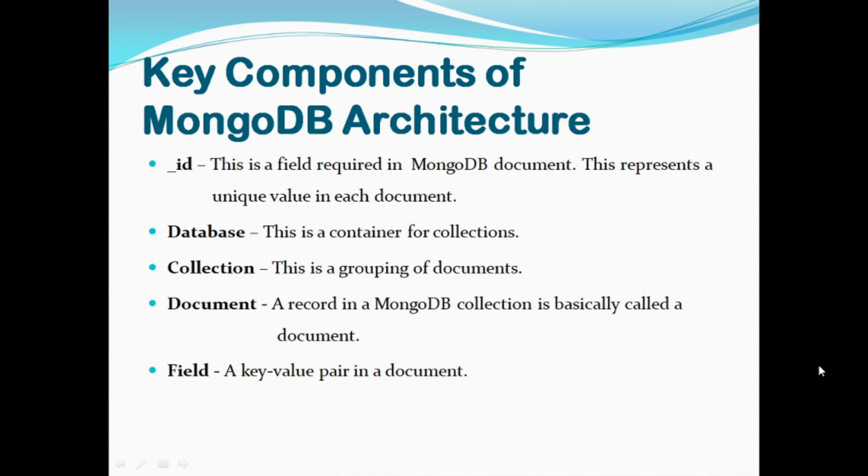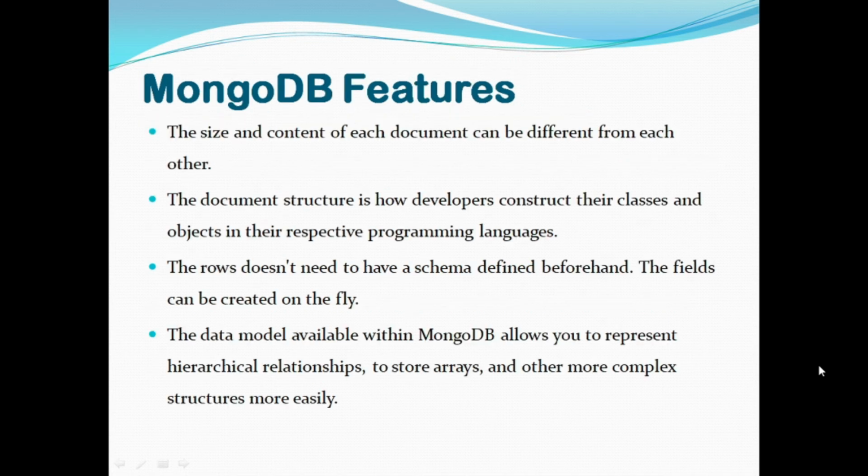Now going to the last phase, what are the features of MongoDB? The size and content of each document can be different from each other. Suppose we have a database, and under the database we have a collection, and in that collection we are storing the details of students.